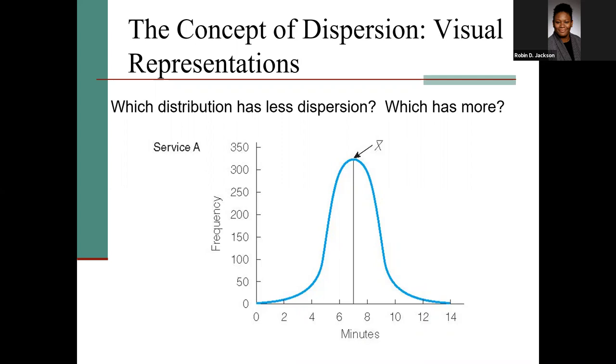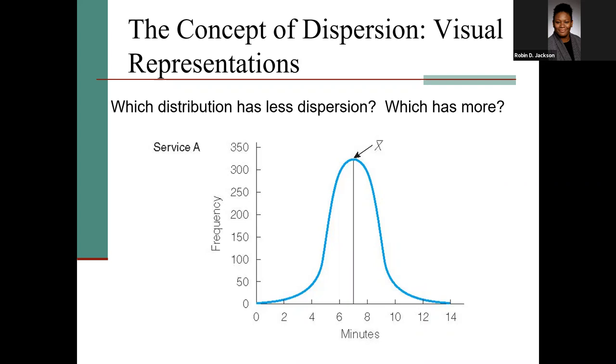So right here we have something where the scores may be closer to the mean. Again, we can also look at a visual representation of dispersion, and remember that measures of dispersion tell us information about how the data is spread around the mean. So in looking at this particular visual representation, we can determine that the scores are situated closer to the mean.